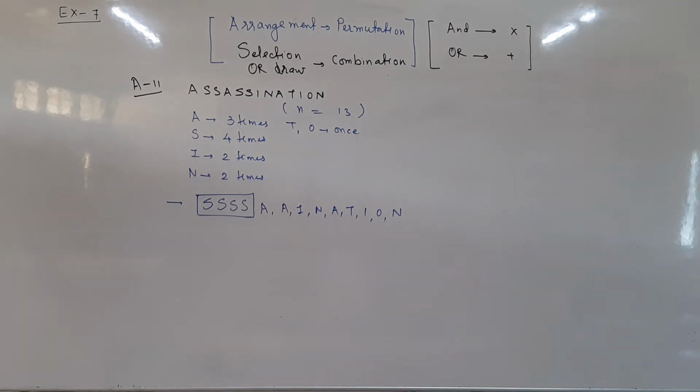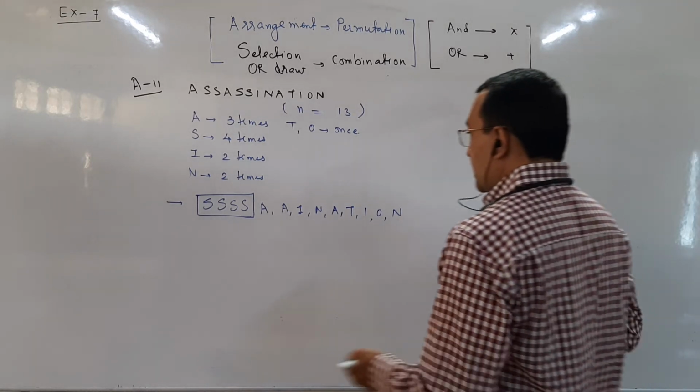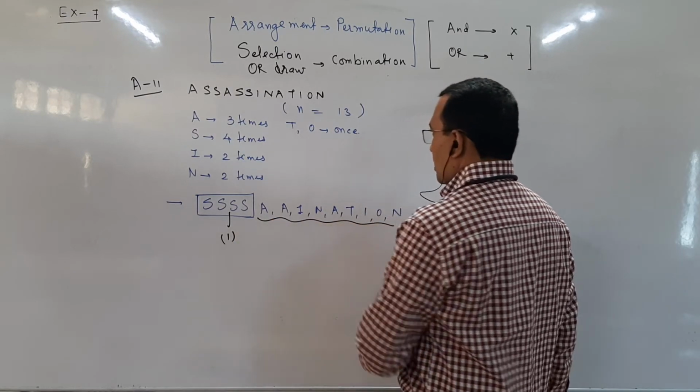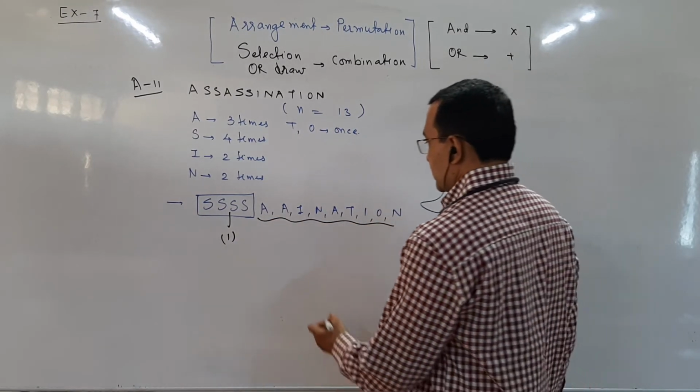So, this is how the condition of the sum is. Now, in permutation, I have explained this perfectly. The things which are to be kept together, we group them as one. So, grouping the 4 S's as one letter, the remaining are 9.